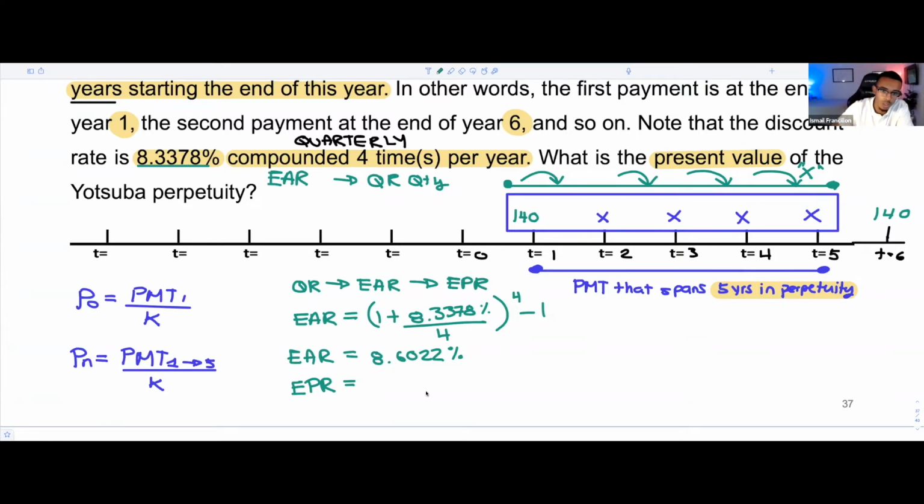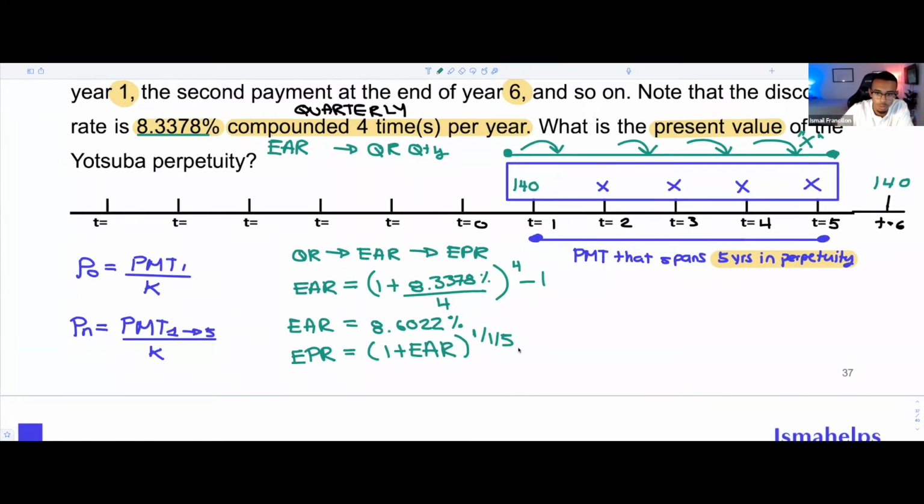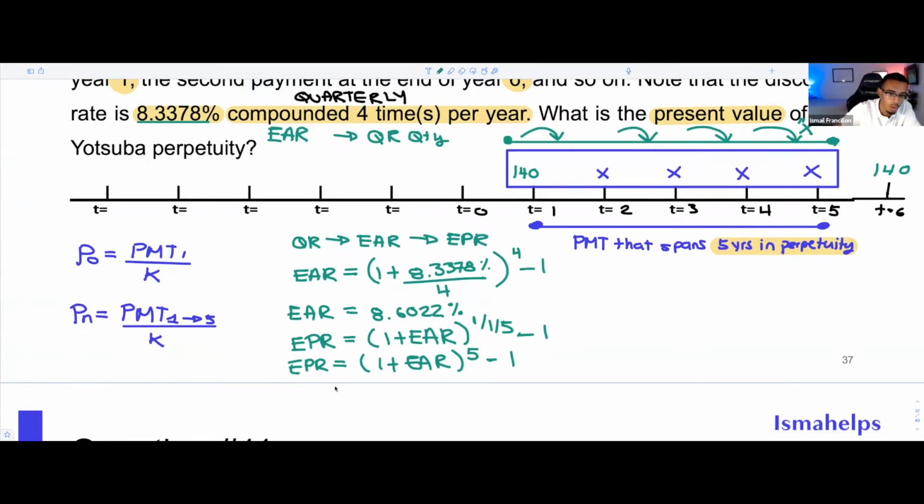So what you would do is simple: 1 plus EAR, with the exponent 1 over 5, minus 1. And with that, you'd be able to solve for your effective periodic rate. Can somebody tell me what our effective periodic rate is?